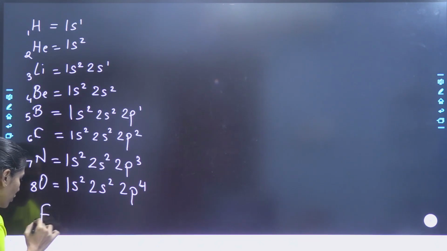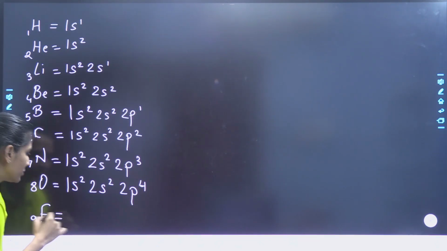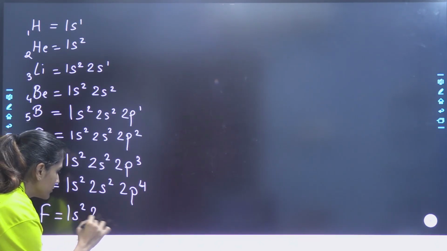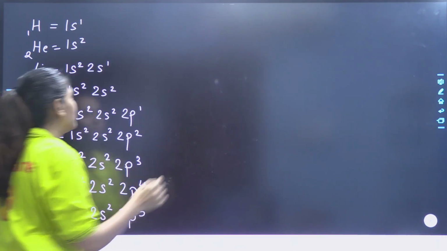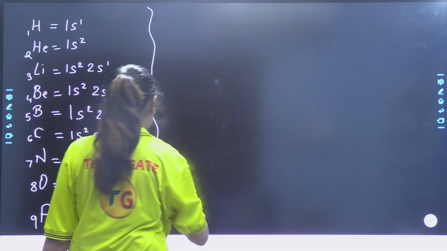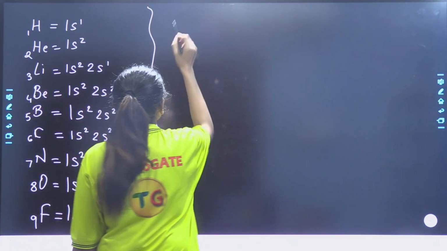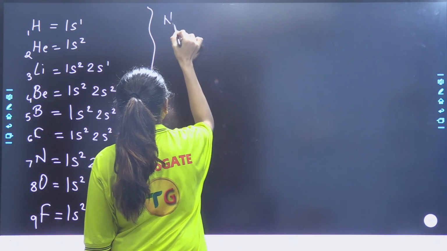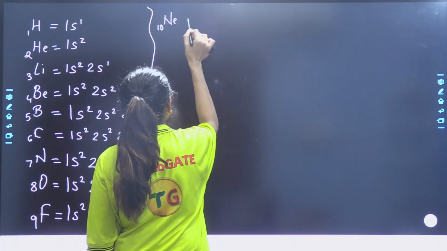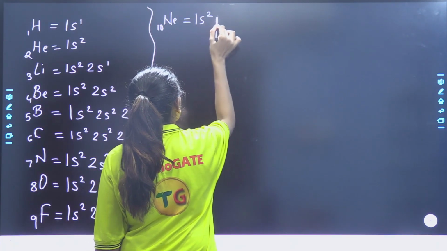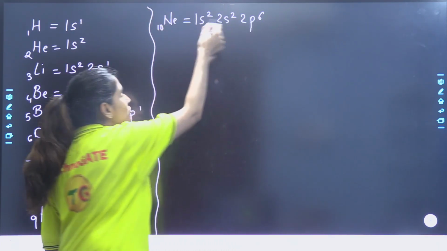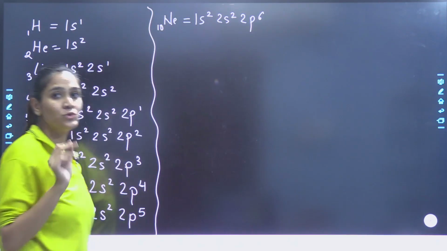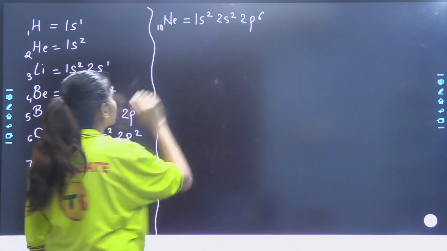Next is fluorine with atomic number 9: 1s2, 2s2, 2p5. Then after fluorine, we have neon: 1s2, 2s2, 2p6, that is 2, 2, 6, 10 electrons. I hope you all now know the electronic configurations.